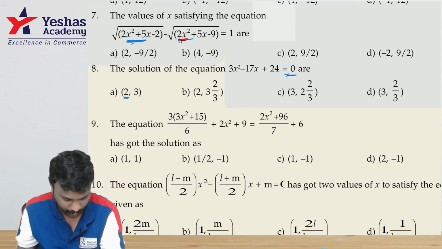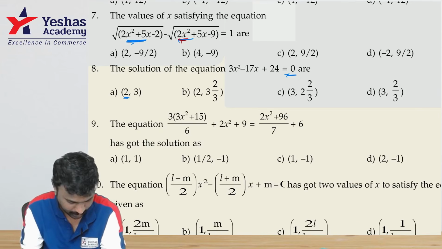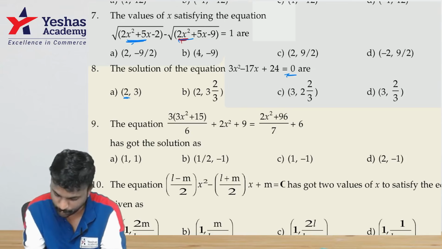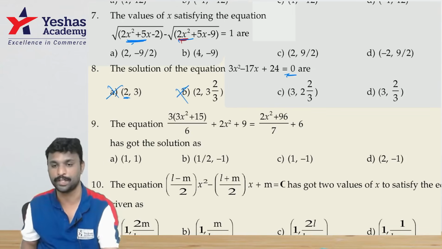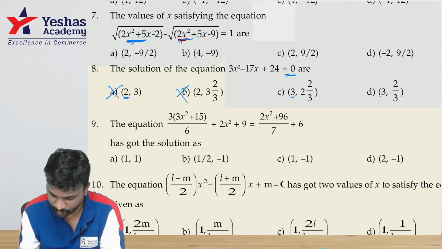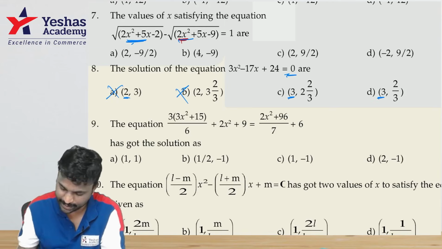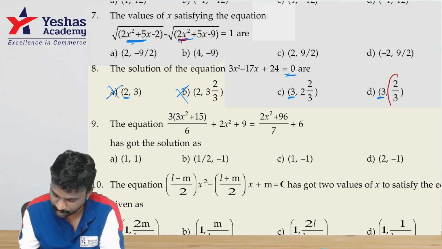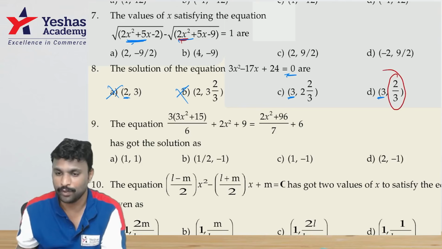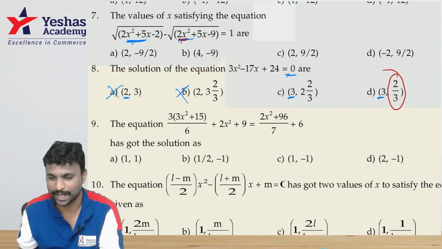Definitely not equal to 0. Yes or no? It's not equal to 0. So 2 doesn't satisfy. Option A, option B goes out of the picture. Guys, is it required that you check for 3? No. Definitely 3 is a common thing. It should satisfy. So the easiest option to plug in was 2 by 3. So if 2 by 3 doesn't, 2 by 3 would be the right answer.